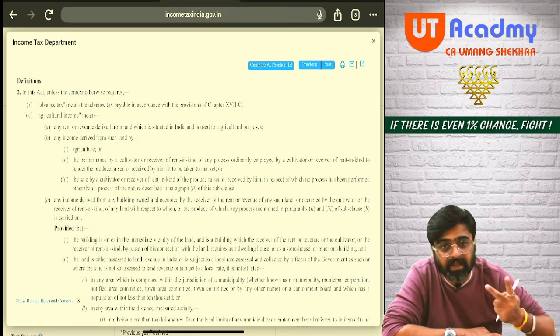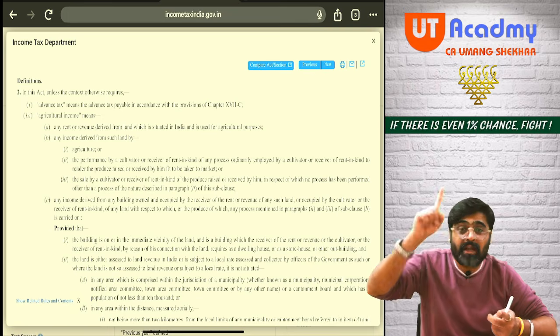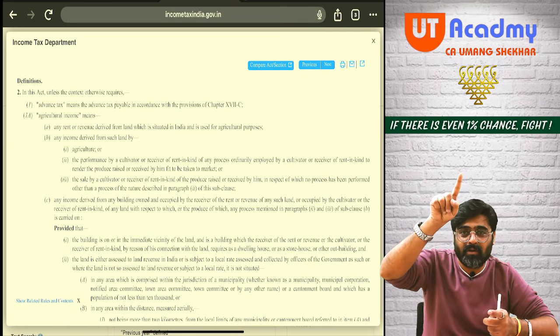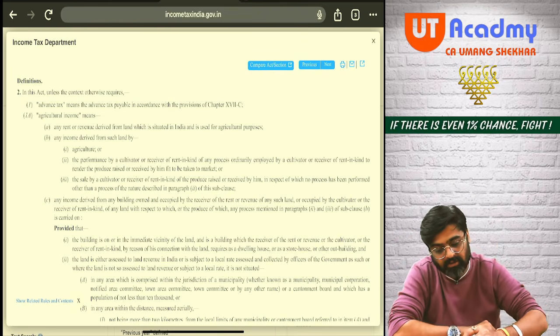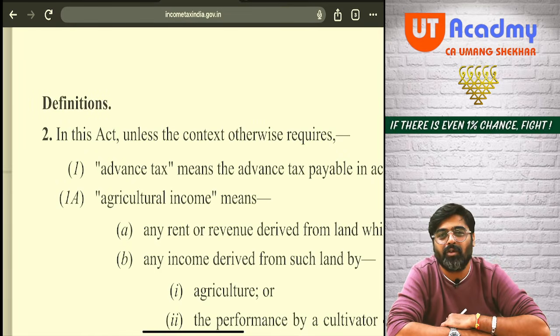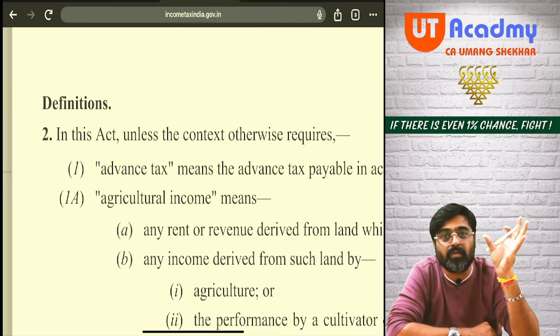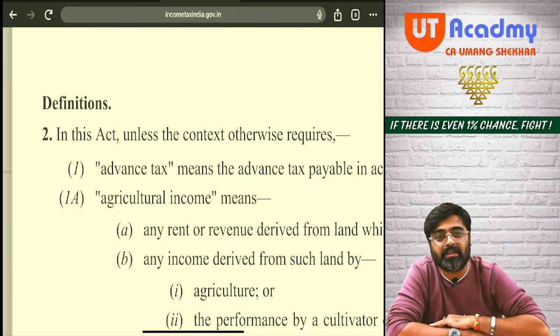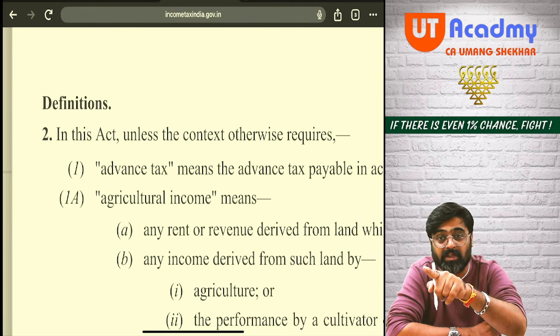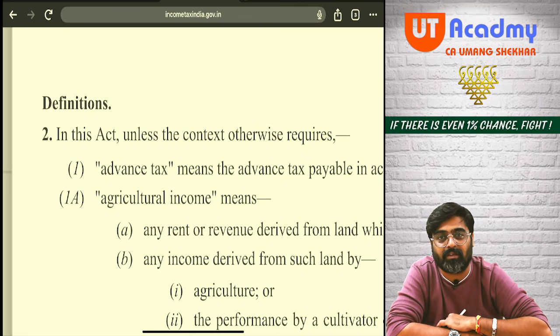This is a definition section. All the terms defined in the Income Tax Act are given in section number 2. Section 2 subsection 1, the first definition, is advanced tax.